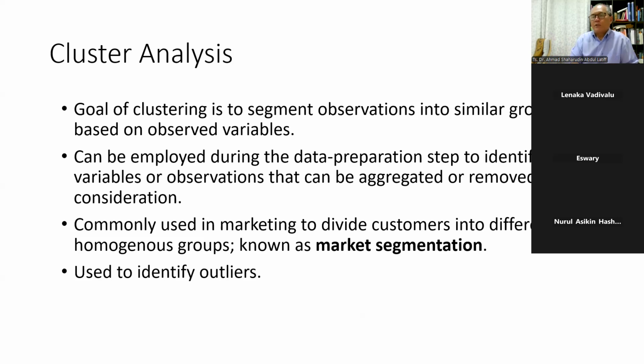So you can put them into axes of X and Y based on your selected variables, and then group them by their similarity. It can be employed during data preparation to identify the variable observations, then you aggregate them. It's commonly used in marketing to divide customers into different homogeneous groups. We call it market segmentation. We can also use it to identify outliers.